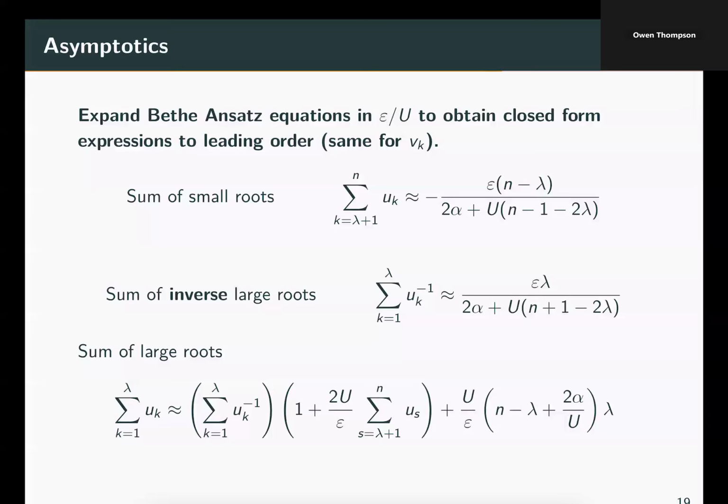And so we can then get closed form expressions for what those sums are. So the sum of the small roots, and you can get the sum of the inverse of the large roots. But luckily, you can also get an equation that relates that to the actual sum of the large roots. So putting all this together, you get an expression for the sum of the roots.